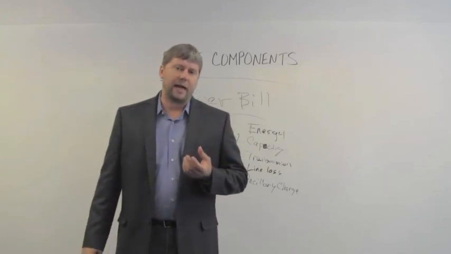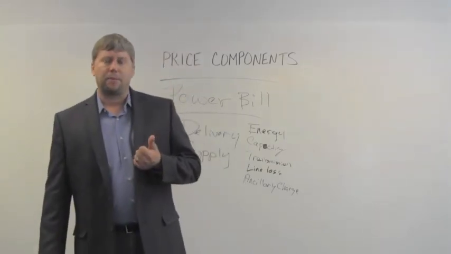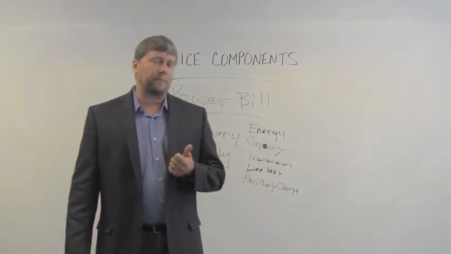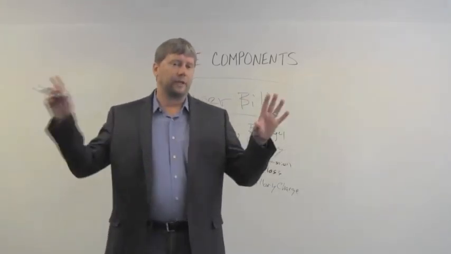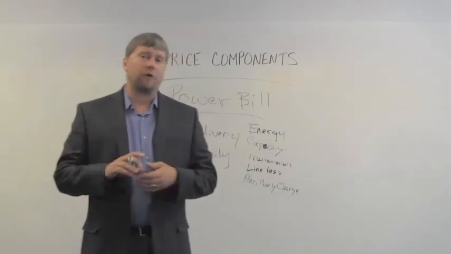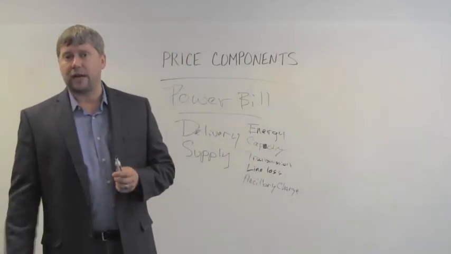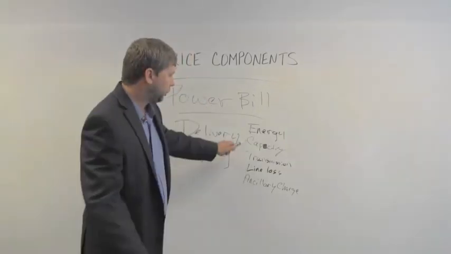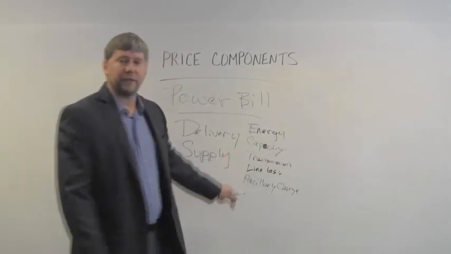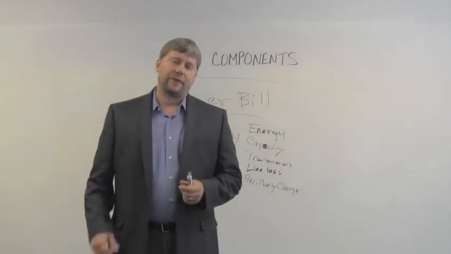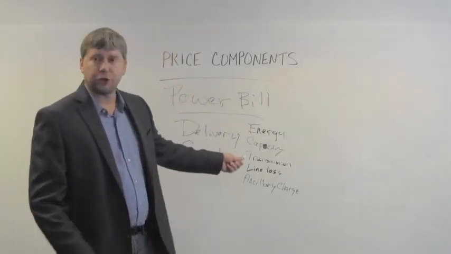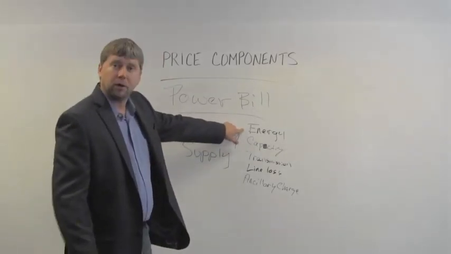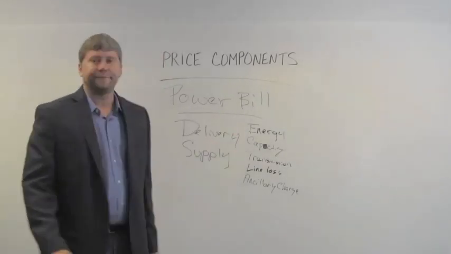What that means is that your utility, the Public Utility Commission, and the ISO, which is the Independent System Operator, that is the person who actually oversees the grid that the energy runs on, they file tariffs with the state to secure a cost for each of these things. Once they file that and it's approved, those charges remain the same. So really, the biggest variable is the actual cost of the energy.